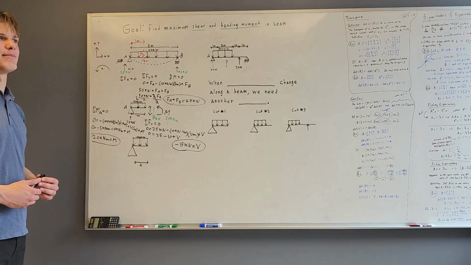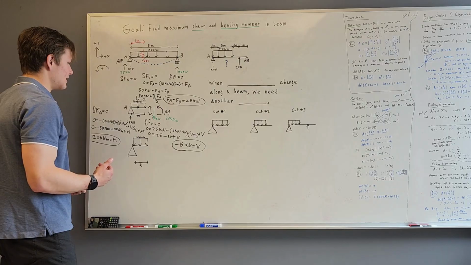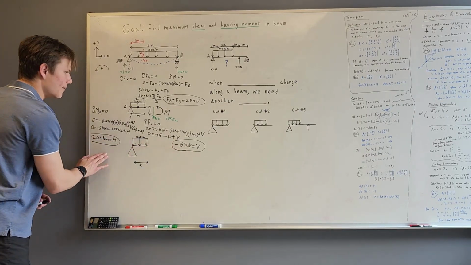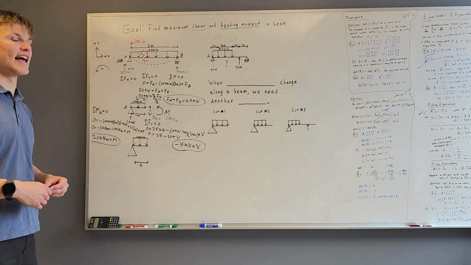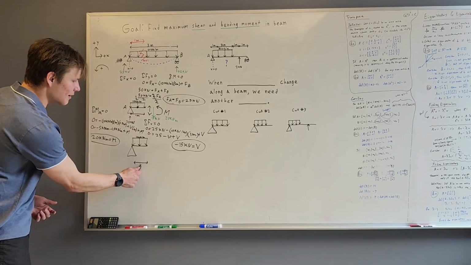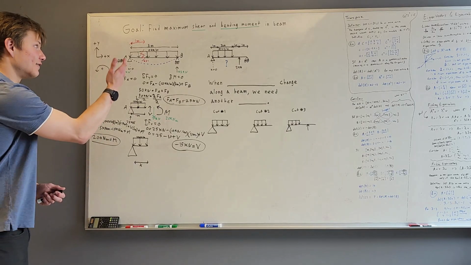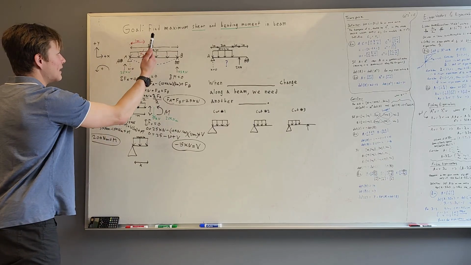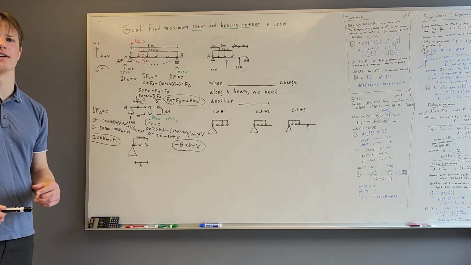And this is crucial because now, instead of getting exact values for V and M, we'll get moment and shear as an expression of this variable x. And so then all you have to do is plug in an x value. I can plug in 1 meter, 4 meters, 5 meters, 3 meters, and I can determine the moment and shear.